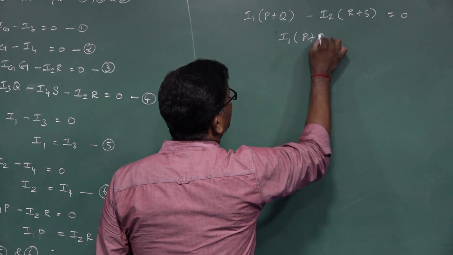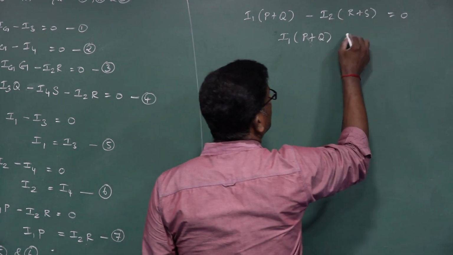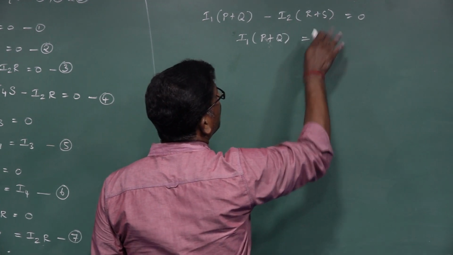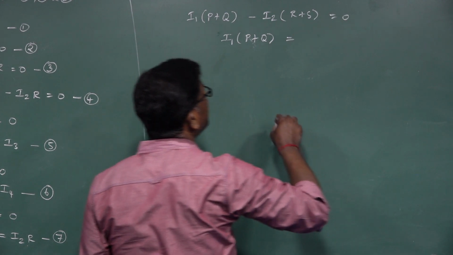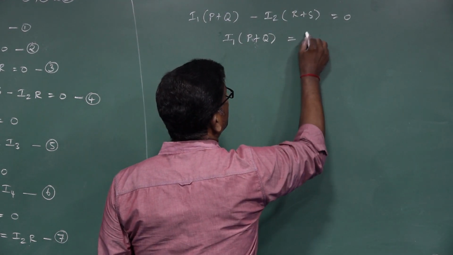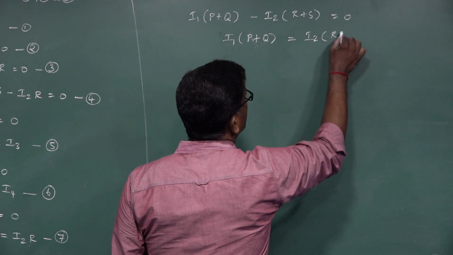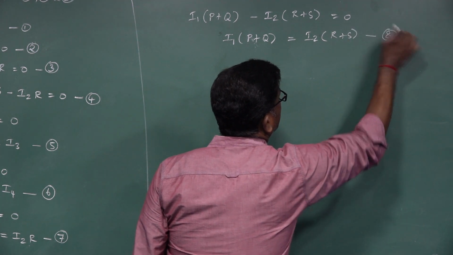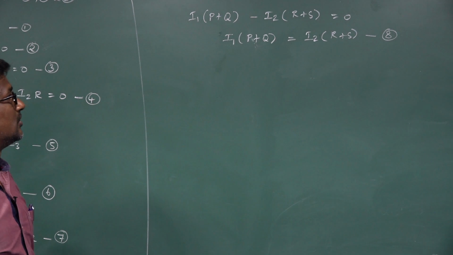Or I1 of P plus Q is equal to I2 of R plus S, as minus I2 of R plus S is taken to this side and becomes positive. So this is taken as equation number 8.